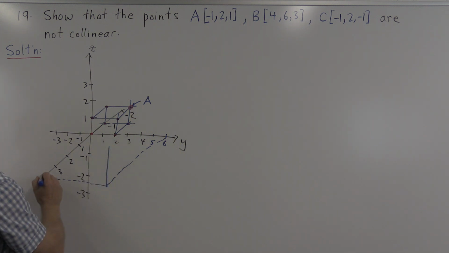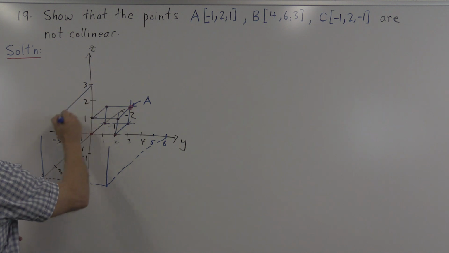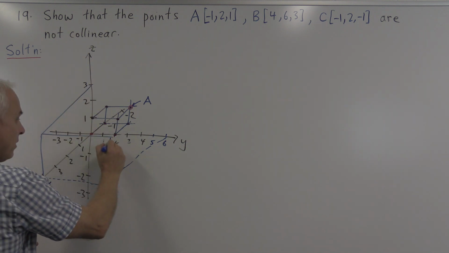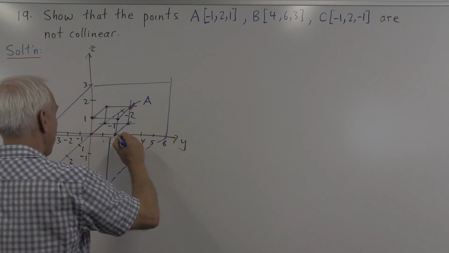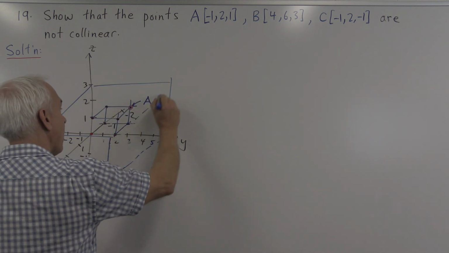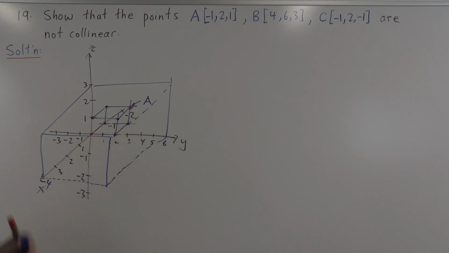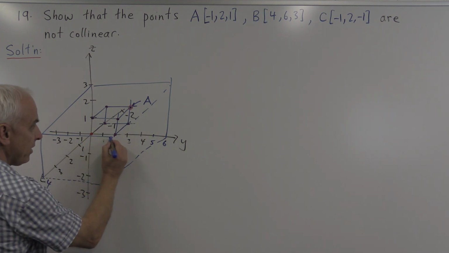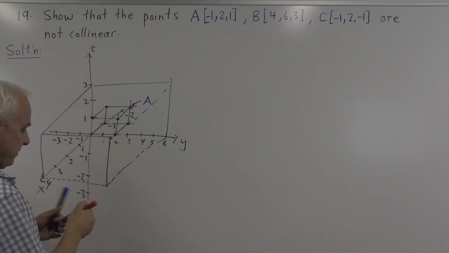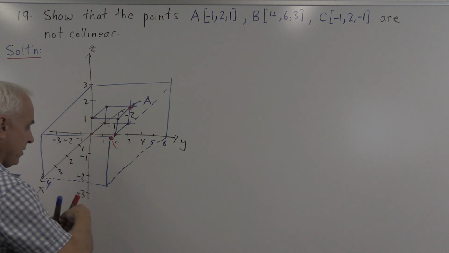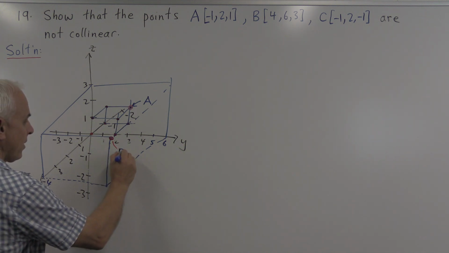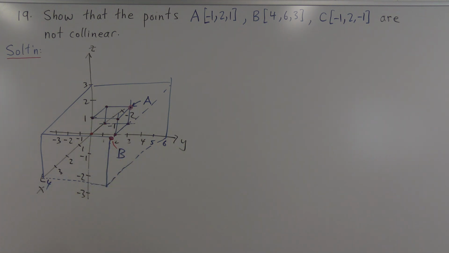Okay, so we could actually do that by drawing I hope that looks like another box, and there would be the point B. And how about C, which is -1, 2, -1.